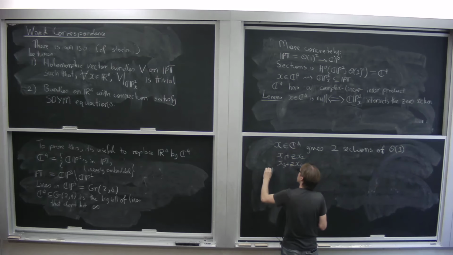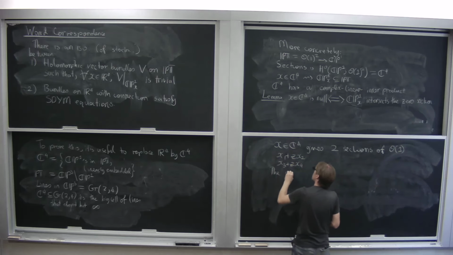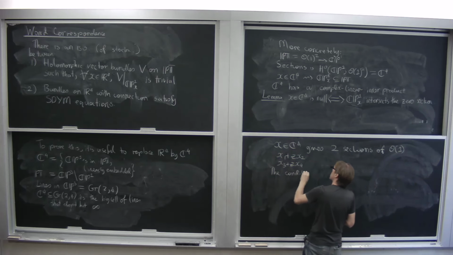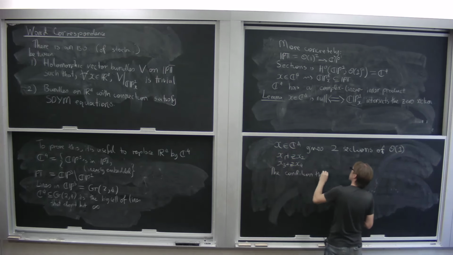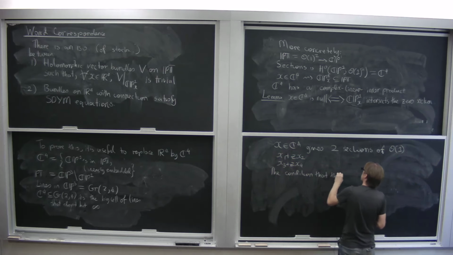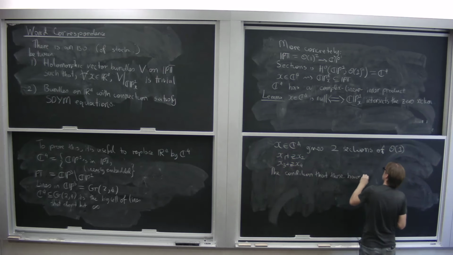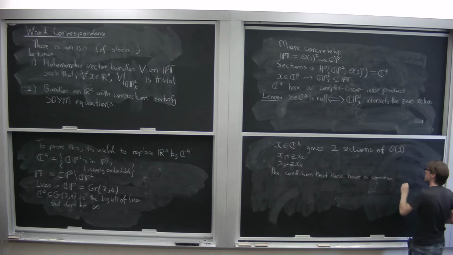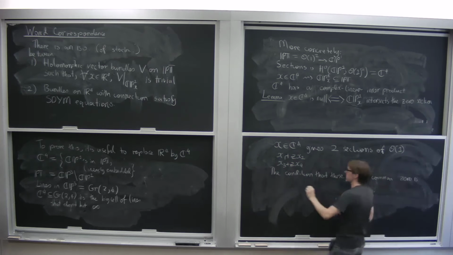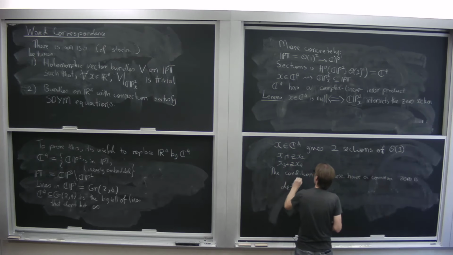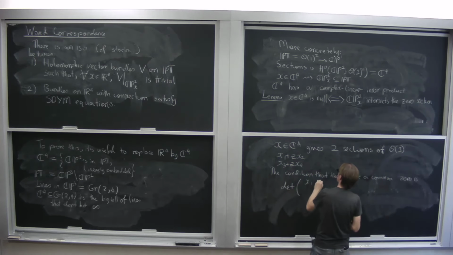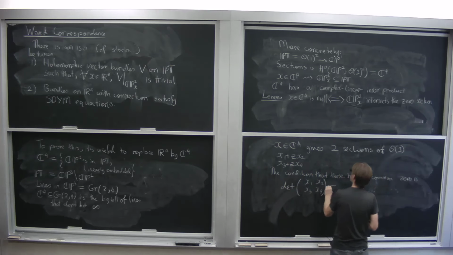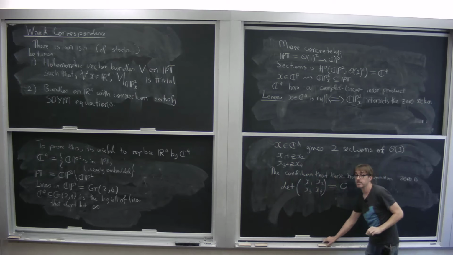The condition that these have a common zero, I'm just checking that this is indeed a quadratic cone, is that the determinant of this matrix is 0.